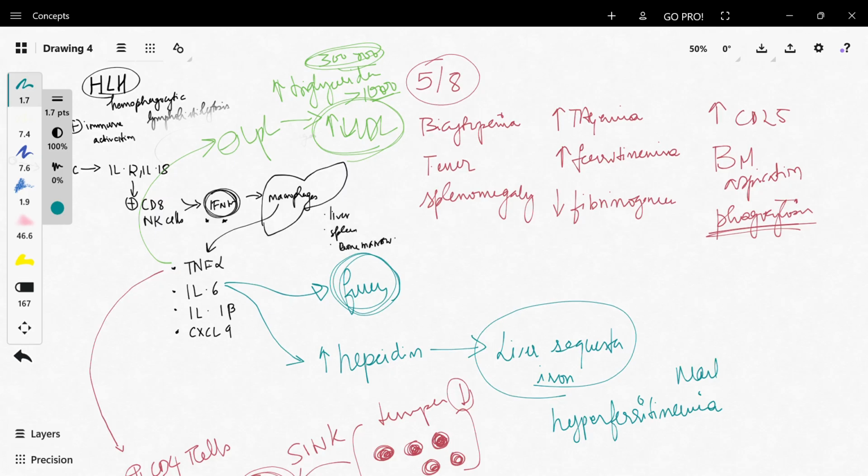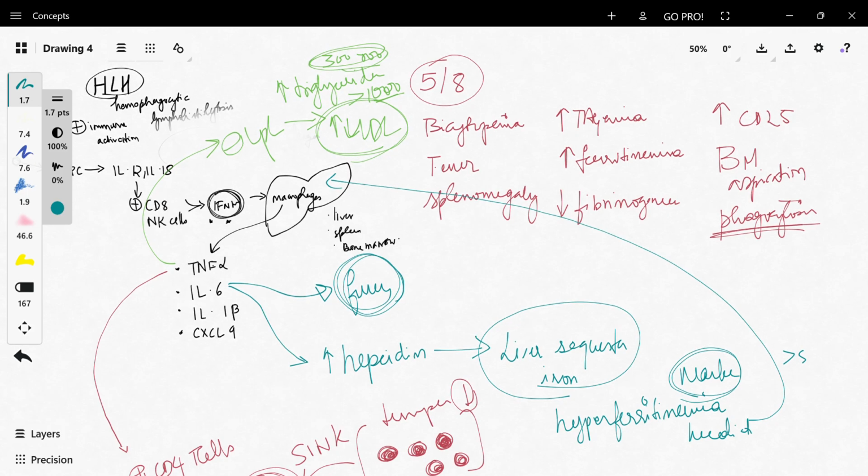Now, hyperferritinemia is both a marker and a mediator of inflammation, because it goes back to activating the macrophages. It's also a marker in the sense that in most cases it's going to be more than 500, but we've also heard of it going up to 10,000 and 15,000, which is a lot, right? So that's extreme hyperferritinemia.